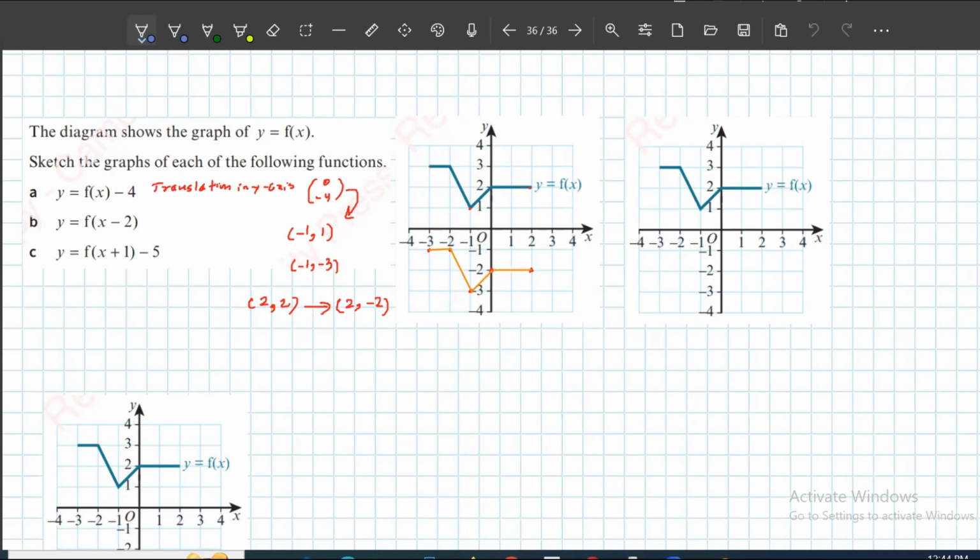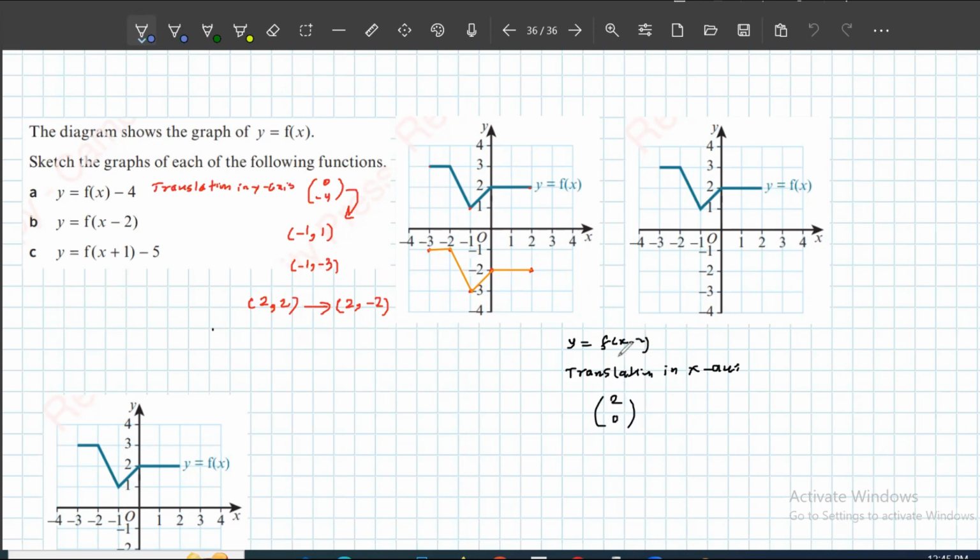After this, we will check the next one, B. In B we have y equals f of (x - 2). So we know this is translation in the x-axis, and the translation vector is (+2, 0).